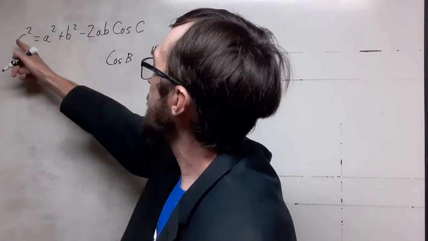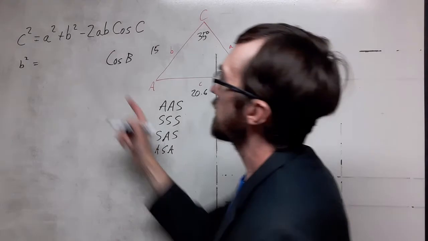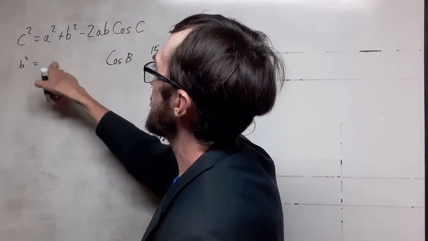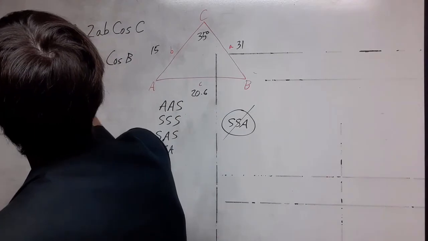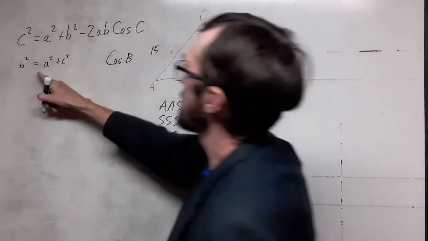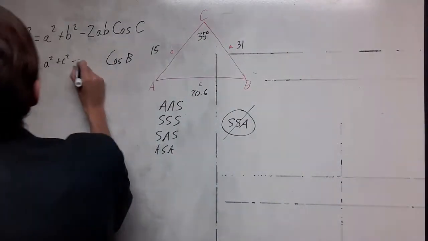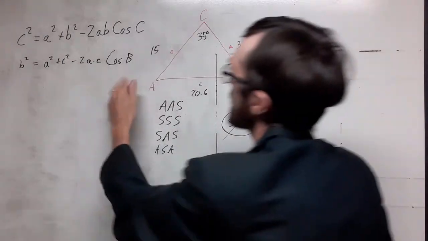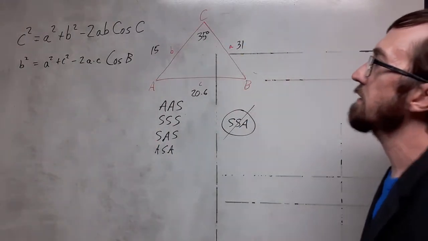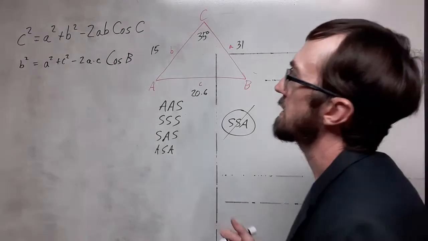The first 3 terms have to be the sides of the triangle. So since B is here, that means A and C have to be on the right-hand side. a squared plus c squared. So if we have a and c squared here, then we're going to subtract 2 times a times c. And here is the second version of the law of cosines that you might see in a textbook.